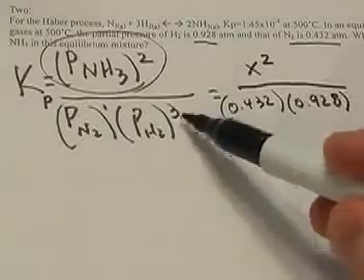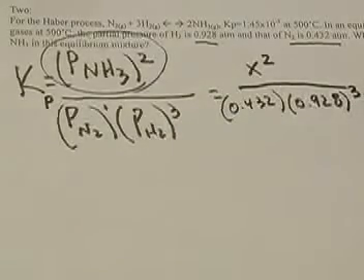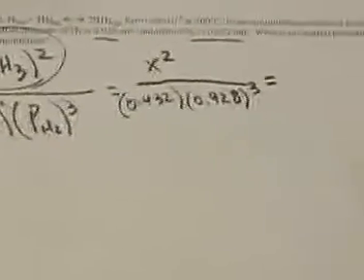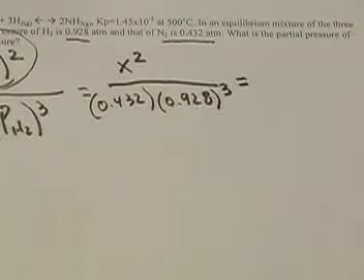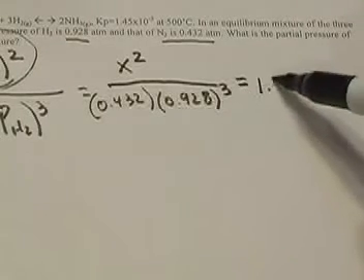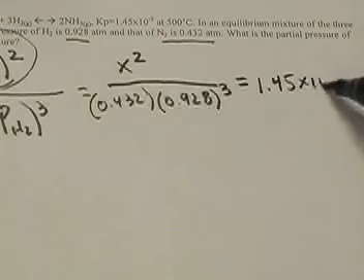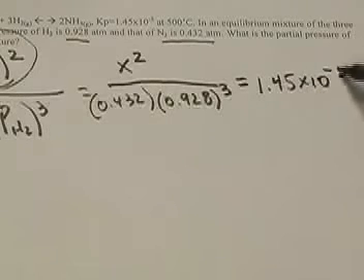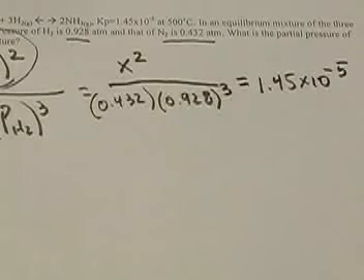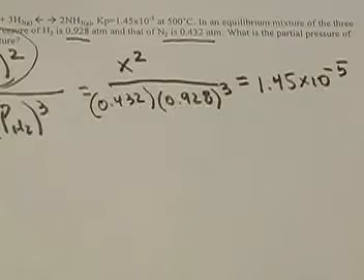And notice this has to be to the third power. And this is equal to our K value, which in this case is 1.45 times 10 to the negative fifth.